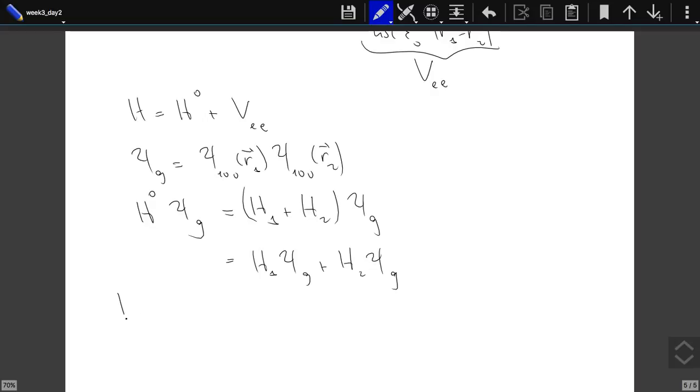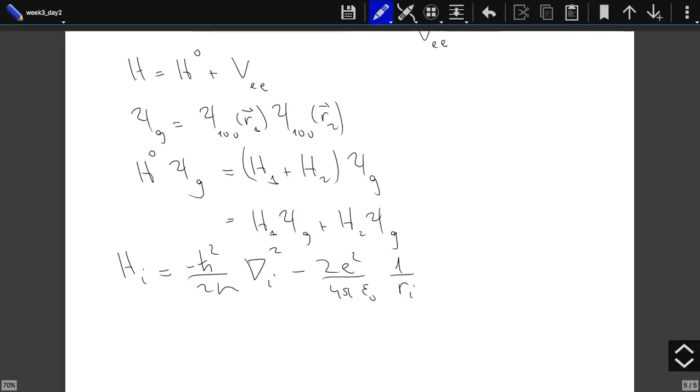Hi is just minus h bar squared over 2m Laplacian with respect to the coordinate of the ith electron, minus 2 e squared over 4 pi epsilon 0, 1 over Ri. And since we already assume our wave function to be each electron in the ground state, Hi psi g will be equal to, now let's call that number E1.